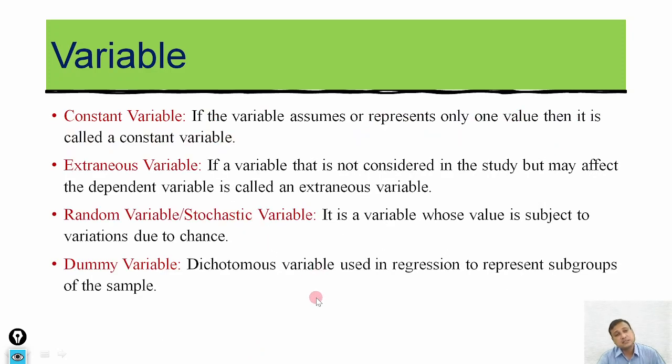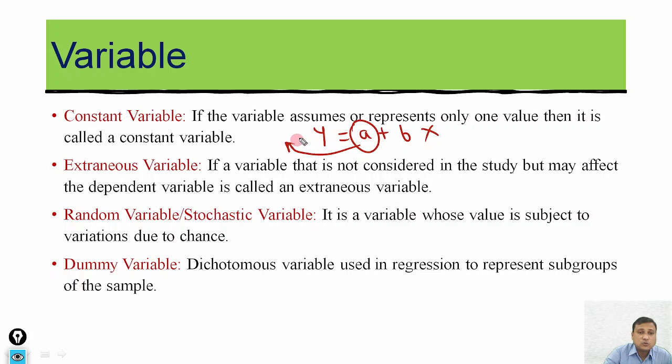Here are some more types of variables, like the constant variable. If the variable assumes or represents only one value, then it is called a constant variable. Suppose in a regression analysis we are going to compute a + bx.